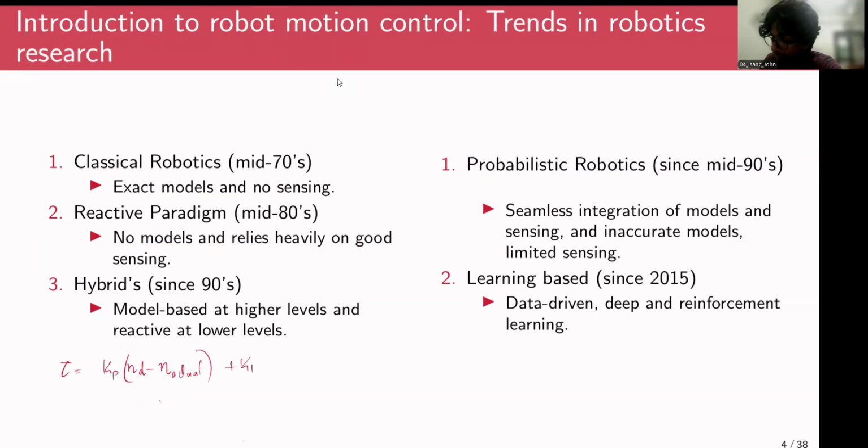Then KD, a derivative gain multiplied by the difference between the desired velocities and actual velocities, and KI, an integral gain multiplied by the integral of the error between the desired trajectory and actual trajectory.